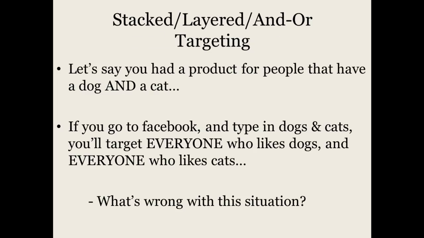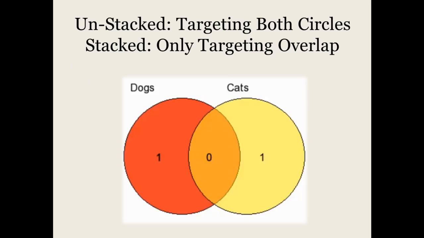Next is stacked, layered, and or targeting. Let's say you had a product for people that have a dog and a cat. If you go to Facebook and type in dogs and cats, you'll target everyone who likes dogs and everyone who likes cats. So they would love both. Okay, so what's wrong with this situation?